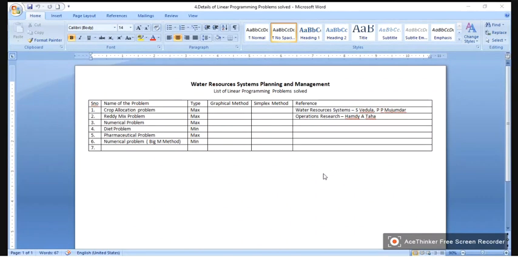So in today's class, we take up a numerical problem, which will have greater than or equal type constraint and equality type constraint. And we will try to solve it using big M method. Is it clear?